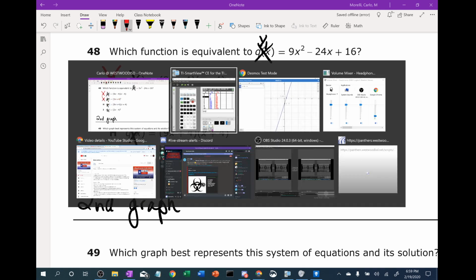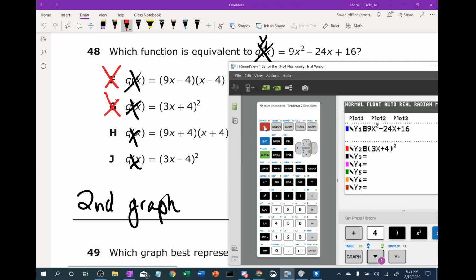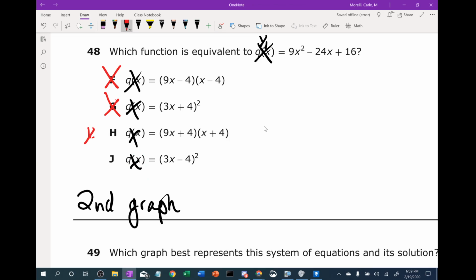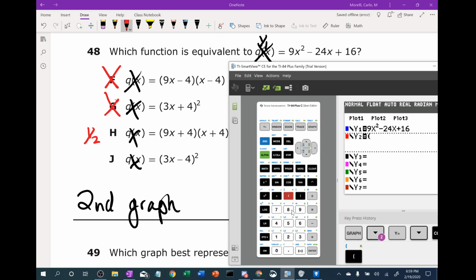So we'll just plug it in. Go back to Y2. So in Y2, I'll delete what's there. We'll do 9x plus 4, close parentheses, open parentheses, x plus 4.